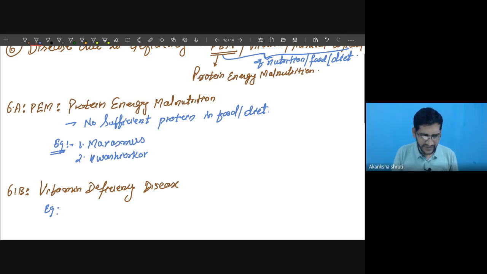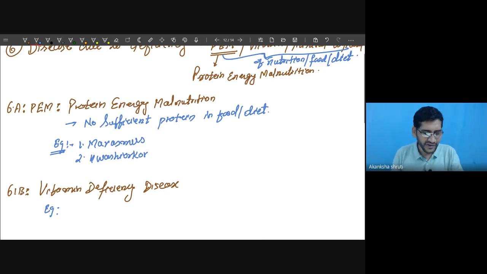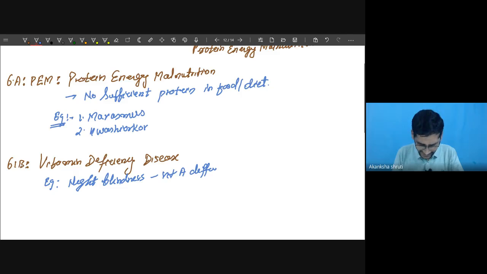The disease names that we have to keep in mind: night blindness. Yes. Very good. Night blindness is due to vitamin A deficiency. The other one, in the same category, is called beriberi.